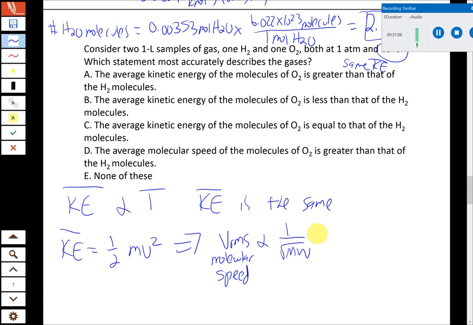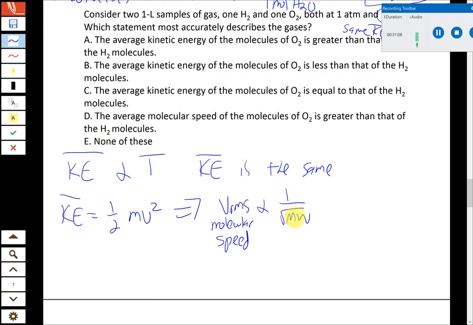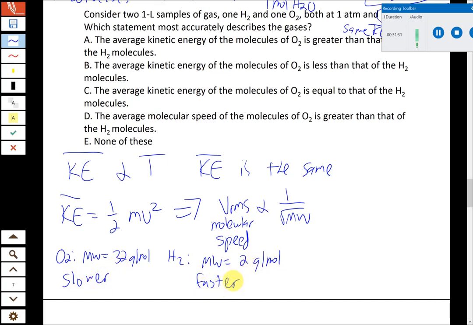And so what that means is if we're comparing the average speed of the two gases at the same temperature, remember that O2 has a molar mass of 32, and then hydrogen is the other gas, which has a molar mass of about 2 grams per mole. And so that means at the same temperature, this one is going to be, on average, moving slower, and this one's going to be faster. The lighter gas moves faster on average, the heavier gas moves slower on average.